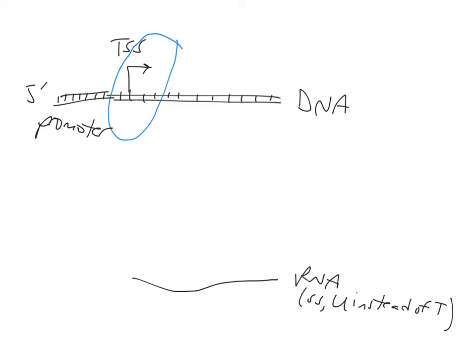Depending on which type of organism you're talking about, prokaryote or eukaryote, that's any one of a number of different proteins that bind a specific DNA sequence in the promoter, and then those proteins positively, physically interact with RNA polymerase to hold it at the transcription start site until it actually starts transcribing.